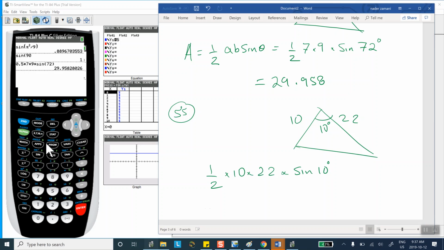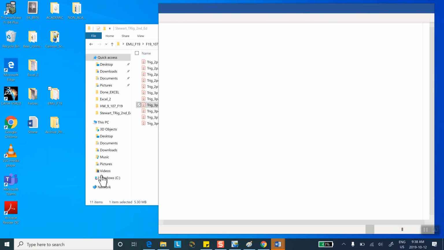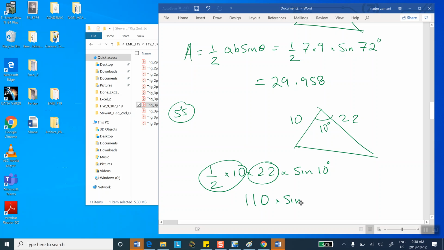So 0.5 times 22 times 10 is 110, times sine of 10 degrees.